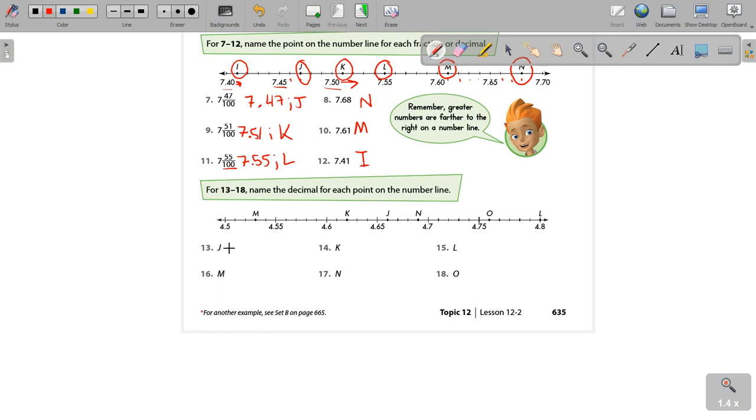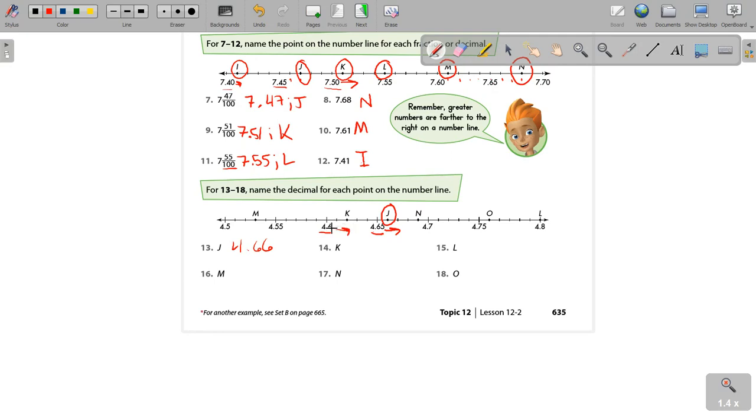So if you're looking up here and we're looking for J as our first one, this is probably one of the easier ones, right? Because we know this is 4.65 right here, which means moving to the right 1, and that's only 1 point to the right where that J is going to be 4.66. Now for 14, we're looking at the K. We've got 4.6 right here. We're moving 2 spaces to the right.